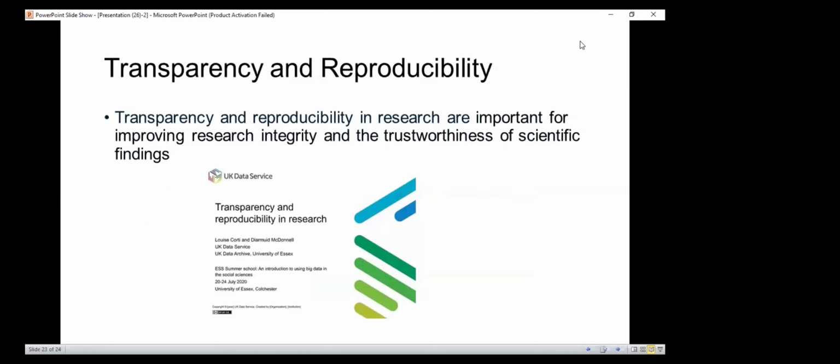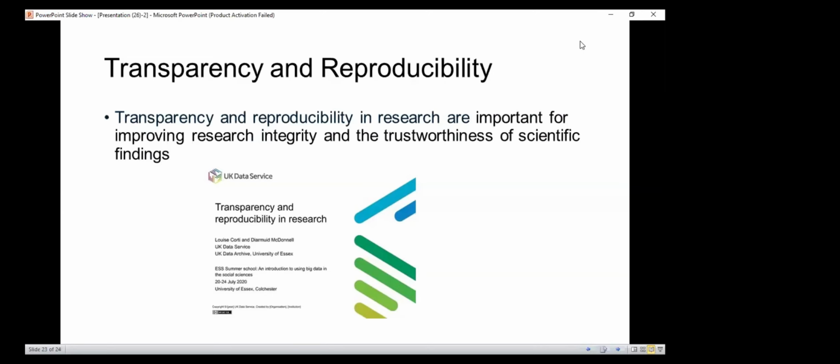And next one is transparency and reproducibility. Transparency is openly sharing your research methods, data, and findings, allowing others to understand and evaluate your work. Reproducibility refers to the ability of other researchers to repeat your study using the same methods and achieve similar results.